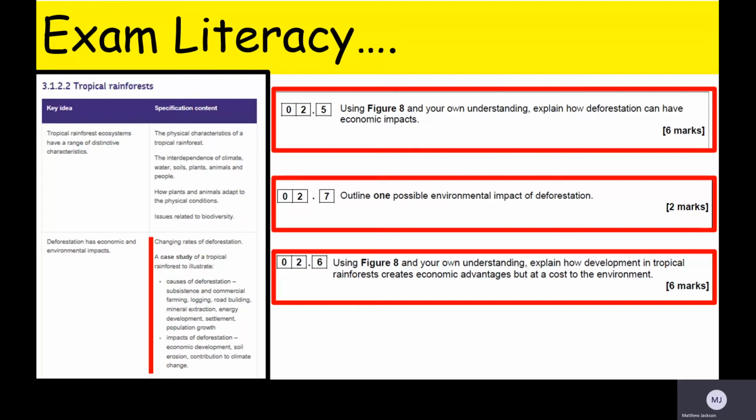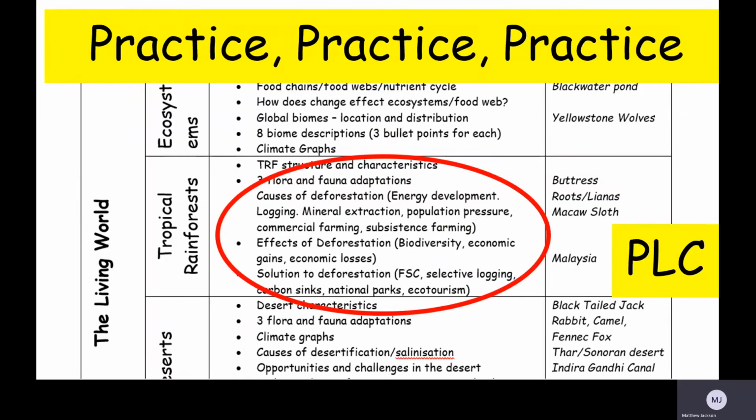We need a good knowledge of the economic impacts, and these things are outlined in the specification, and that's what we're following. We can't show you how to predict questions, we can just show you how to answer each type of question. Practice, practice, practice. We created PLCs, personal learning checklists, for all the topics, so that when it comes to your exams, paper 1, paper 2, and paper 3, you've got these, and they will be sent out to you.